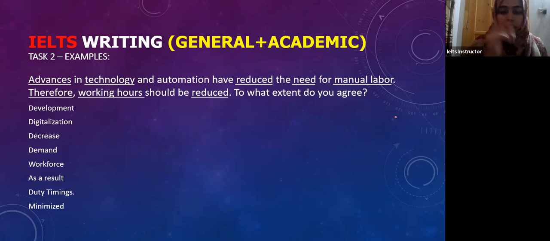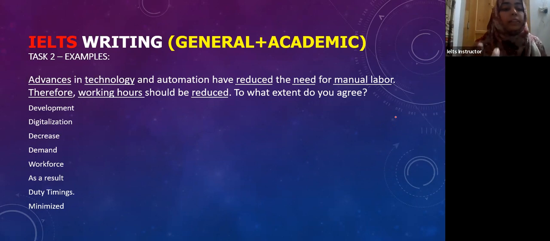Okay, let's consider the same example. We can use different words in order to use in our answer and give the examiner a good impression that we have a strong command on vocabulary. Okay, for example, instead of the word advances, the word development can be used.